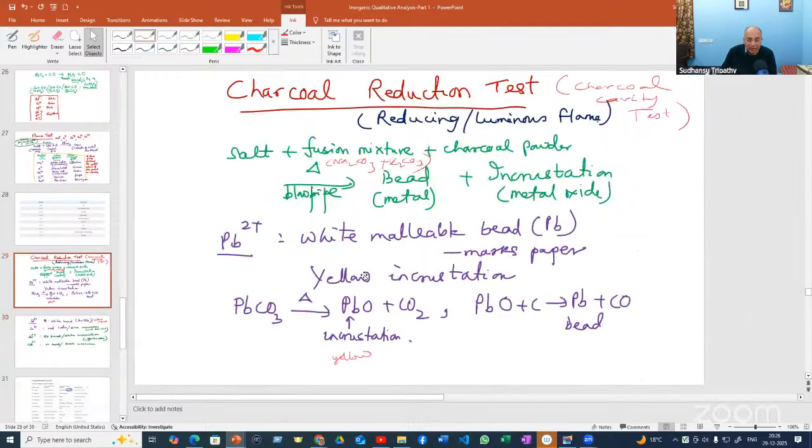In the upper part of the cavity there will be some color. In many cases, some color develops due to oxide. The oxide remains at the top, above that bead, and at the bottom of the cavity you will find a little bit of metal. In case of lead, you get a white malleable bead which marks paper, and the incrustation, which is lead oxide, is yellow.